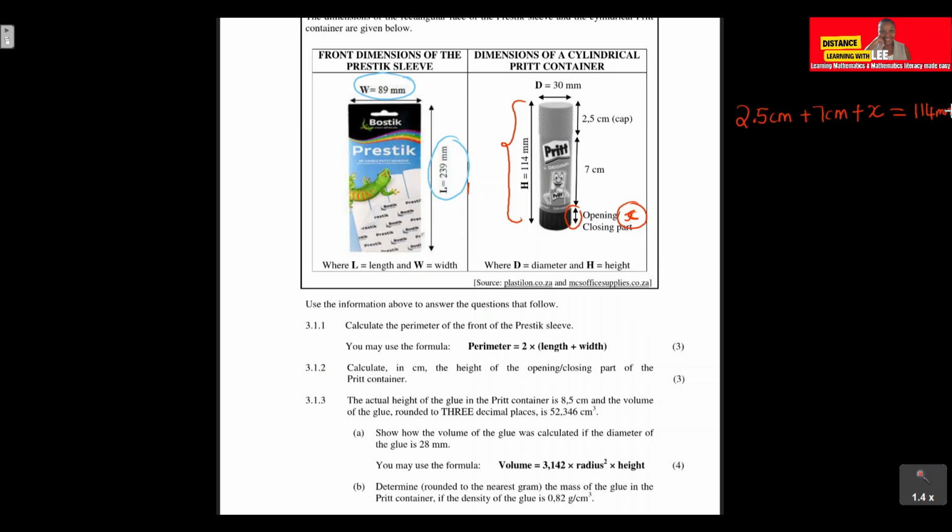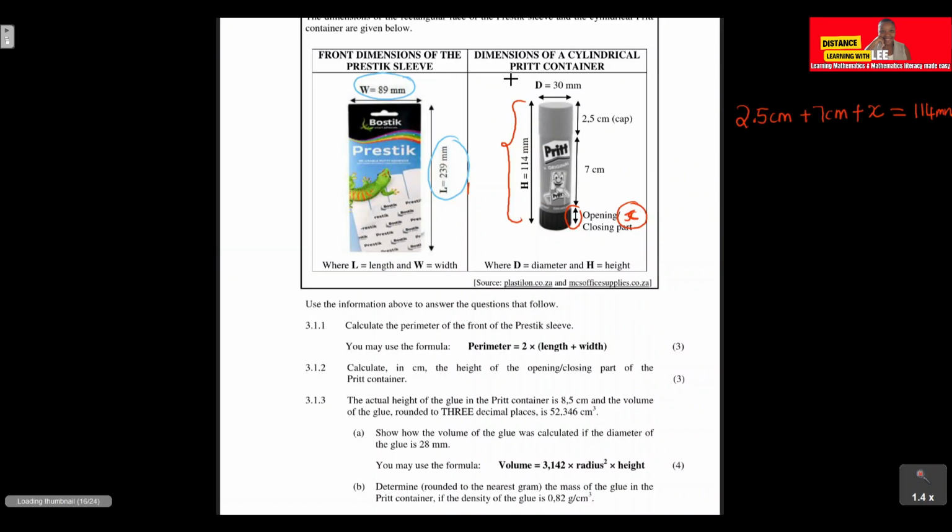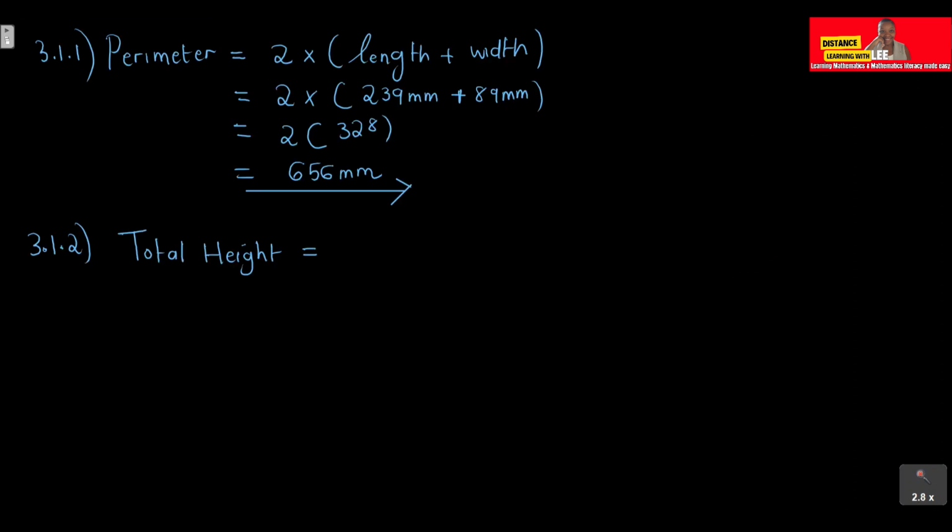Okay, so I'm just gonna set up the equation like that, but don't panic. I'm gonna take it step by step so that you guys see what's happening. We already know what the total height is, and the total height is equal to all these individual heights that we have here: the height of the cap, the height from the cap to the top part of our opening or closing part, and then plus the height of our opening part.